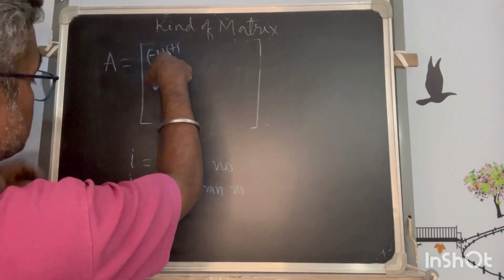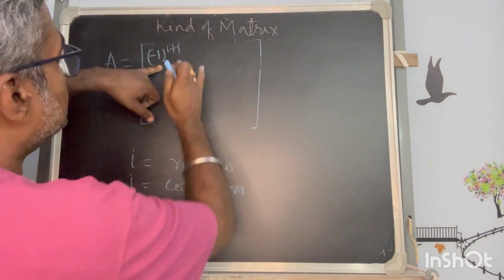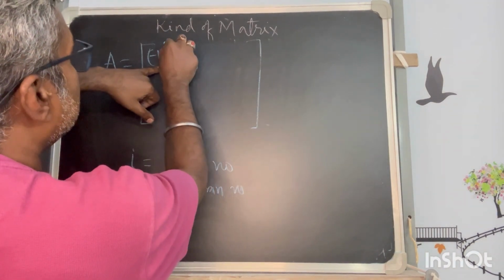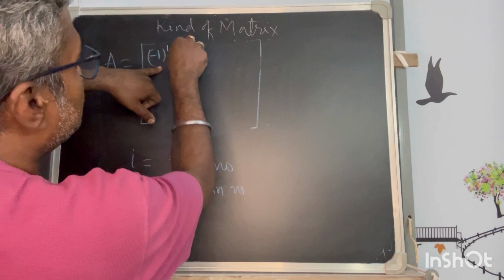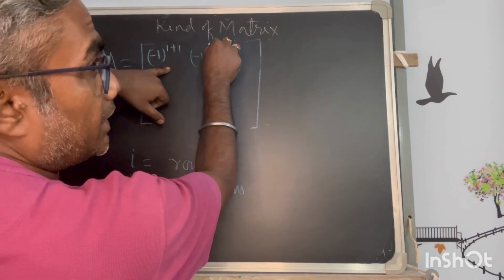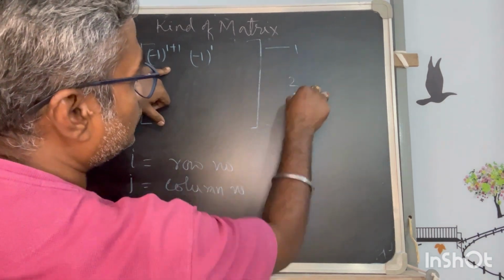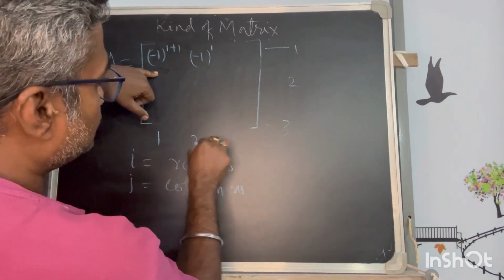This is minus 1 whole to the power i plus j. For the first column on the first row, i is equal to 1 and j is equal to 1. The second one is i is 1, j is 2, and then 1, 3.